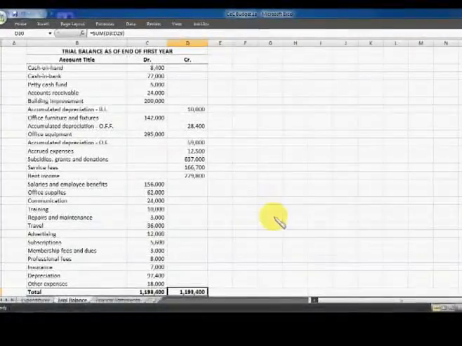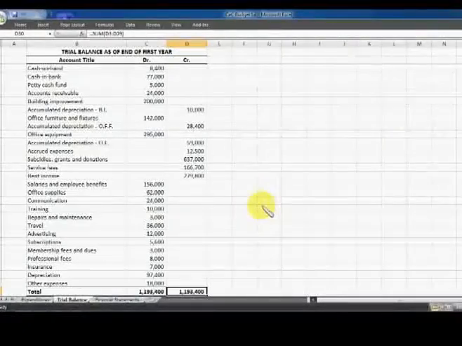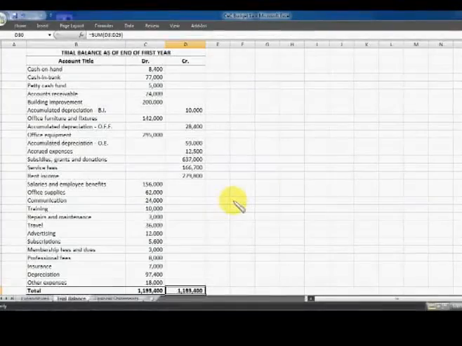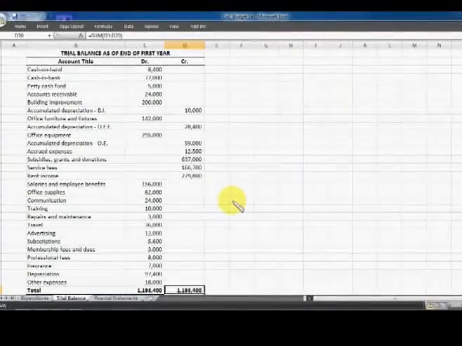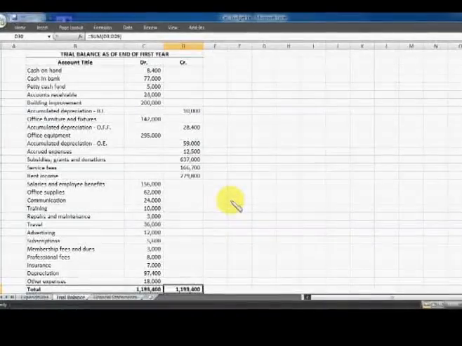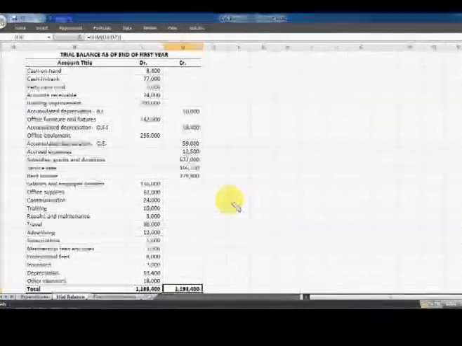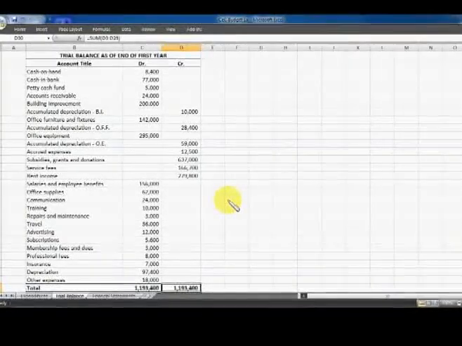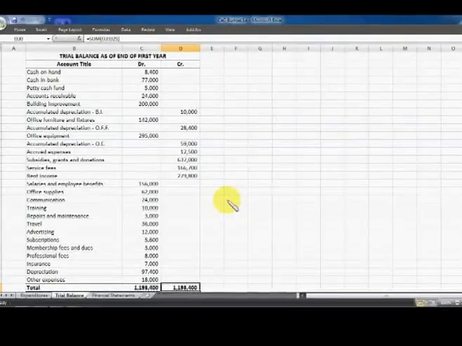For example, these adjusting entries could be adjustment for accrued revenues, accrued expenses, prepaid expenses, prepaid or pre-collected revenues, adjustment for depreciation if it has been made, or adjustment also of year-end inventory.